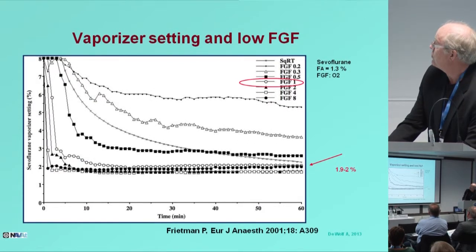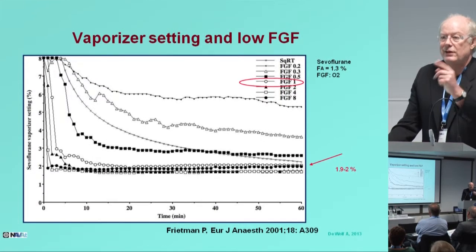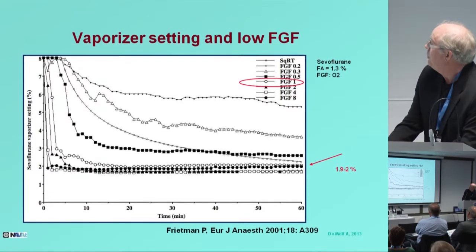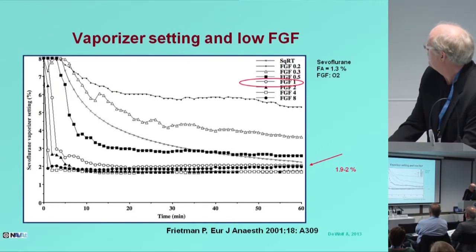With low fresh gas flows, in this case 0.2 liters per minute, because we redirected the sampled gases back to the circuit, we saw that the vaporizer setting had to be initially 8%, but then it dropped off to 6%, and then it gradually decreased to about 5.5% to get 1.3 end tidal. So there was a huge discrepancy between the vaporizer setting and the alveolar partial pressure.